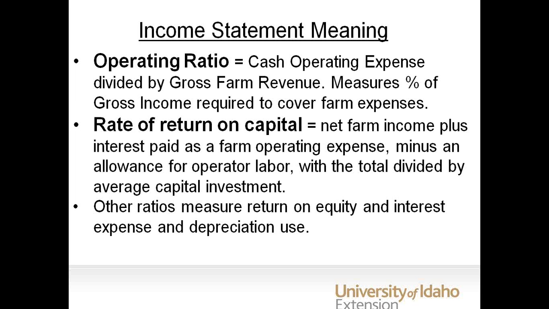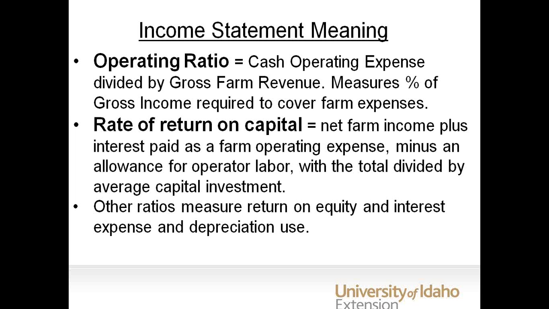What that does is give you the rate of return on assets. And you can compare that to a rate of return you might get if your equity was invested somewhere else, or your total asset value was invested somewhere else. Not that you'd want to change, but it just gives you a comparison.